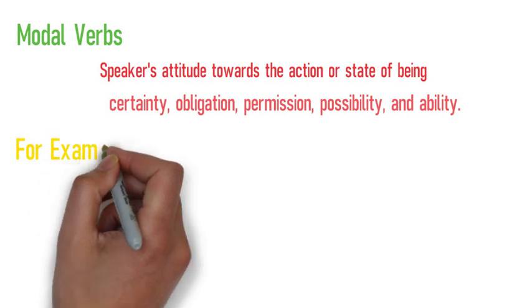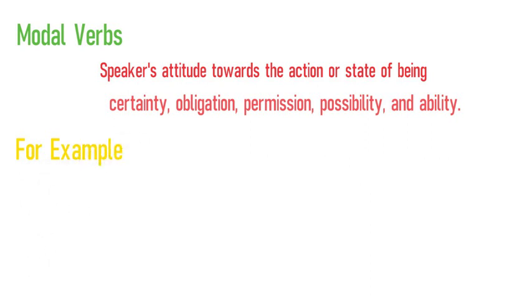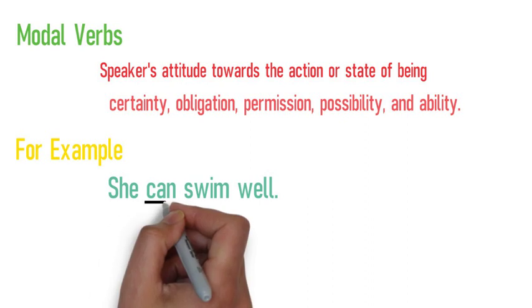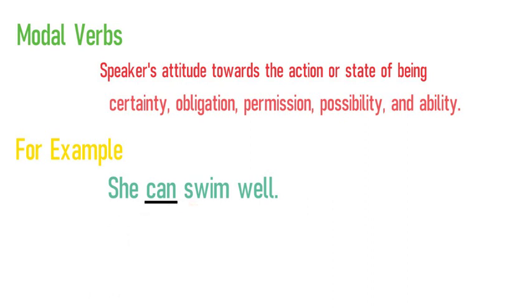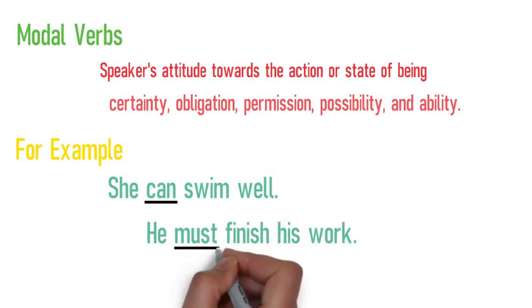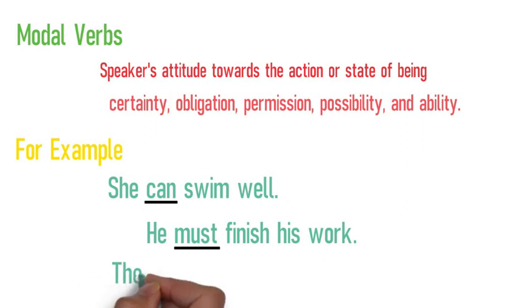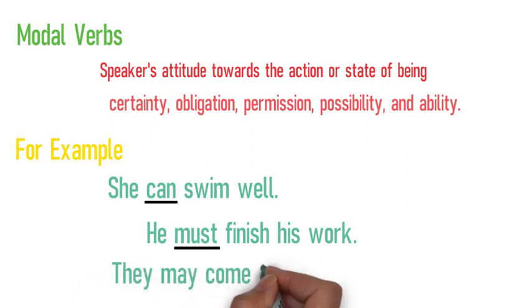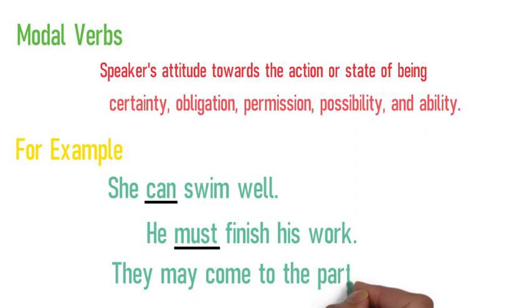For example, she can swim well. The modal verb can expresses ability. He must finish his work. The modal verb must expresses obligation. They may come to the party. The modal verb may expresses possibility.